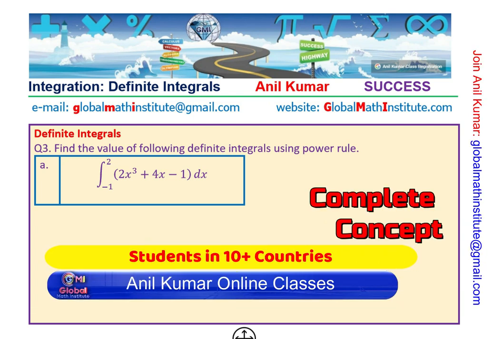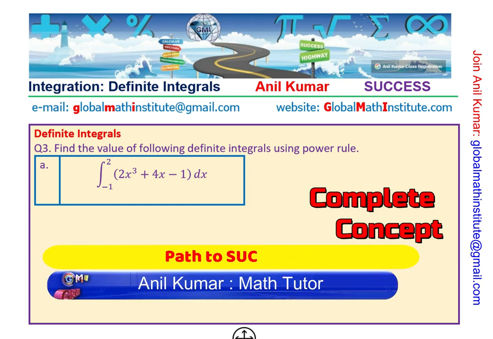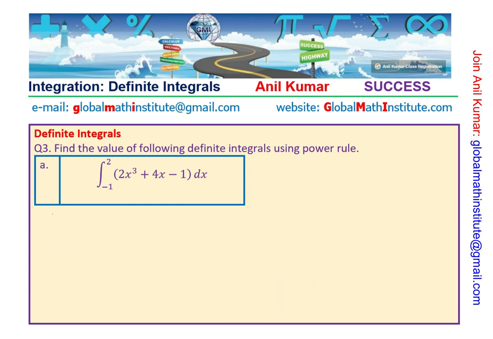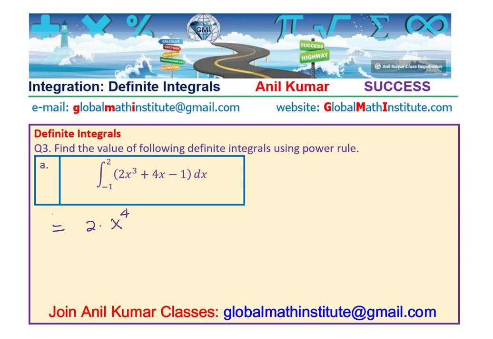The first one, we need to integrate from minus 1 to 2. The function is 2x cubed plus 4x minus 1 dx. So this integral is basically equal to 2 times x to the power of 3 plus 1, which is 4, divided by 4, plus 4 times x, 1 plus 1 is 2, x squared by 2, minus 1 times x, divided by 1, we'll write only x.